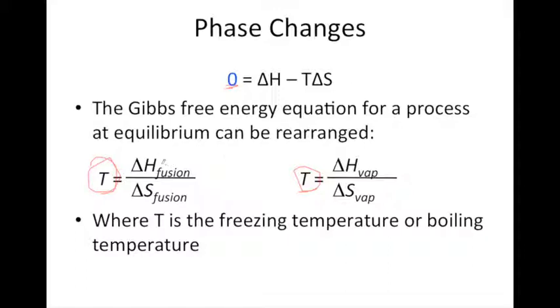If we're using the delta H of fusion or delta S of fusion, or here the delta H of vaporization, delta S of vaporization. So basically, we can rearrange this equation to solve for the freezing or the boiling temperature if we know our delta H and our delta S values. So that's very important. So be sure you appreciate the phase changes and the thermodynamics involved in all of these phase change processes.